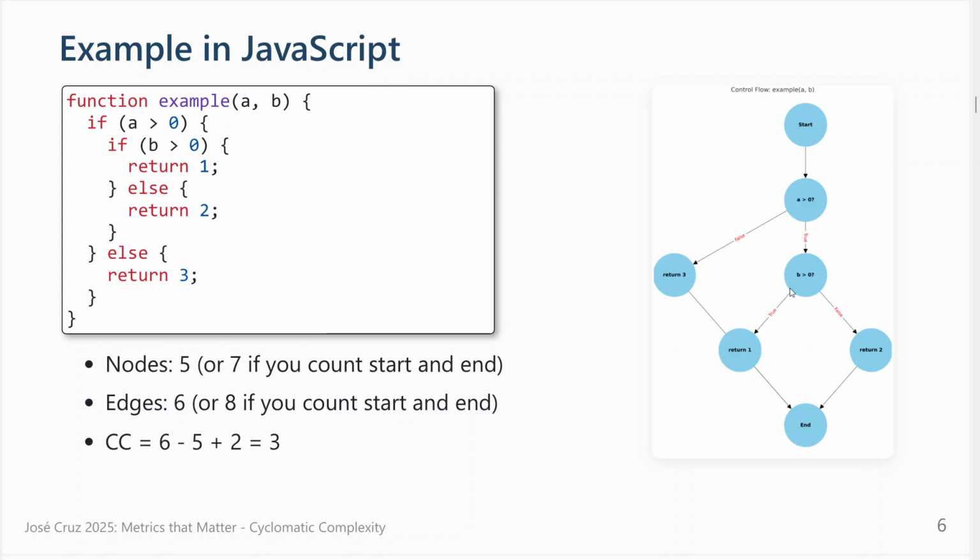So you can have 5 nodes, or 7 if you count start and end, and you have 6 edges, 1, 2, 3, 4, 5 and 6 with this one here, or 8 if you count again the connection to here. But in both cases you will always receive 3 here, and maybe you can even find 5, 7, 6. Usually you can see both.